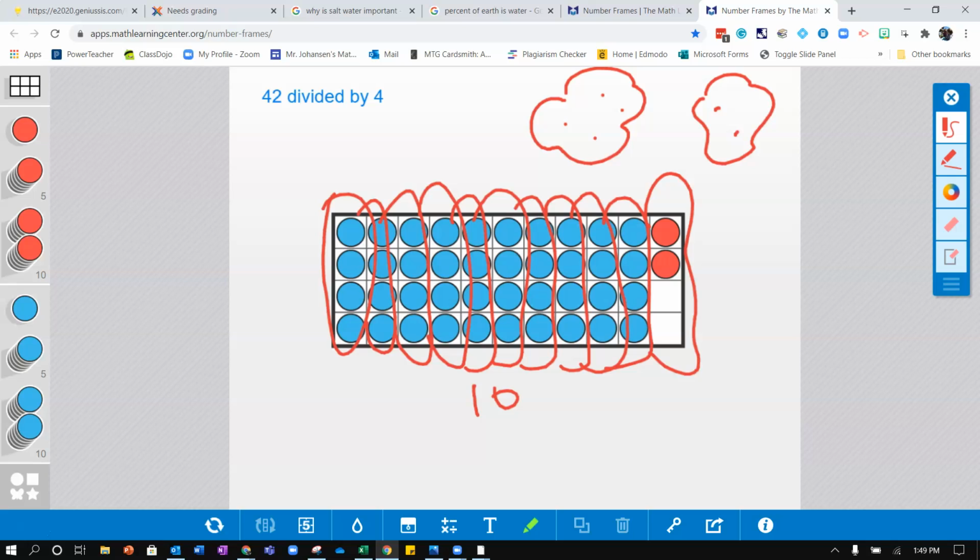So I'm going to actually need to buy 1 more to get those extra 2 frogs to fit onto the lily pads for a total of 11. So in this case, 42 divided by 4 is still 10 remainder 2. What do I do with that remainder? I need to buy the extra lily pad so that my frogs have a home. That's 3 different ways to deal with remainders, and I hope that helps.